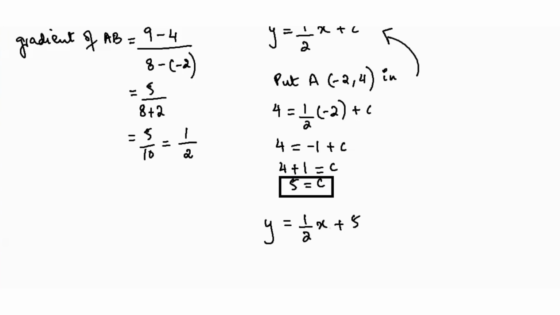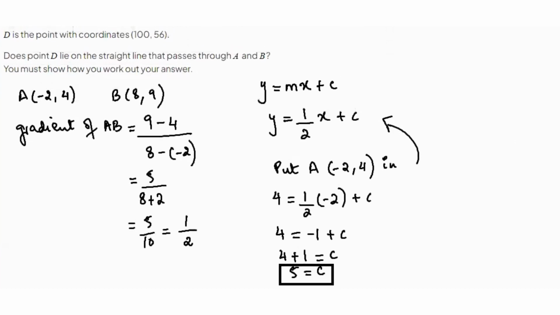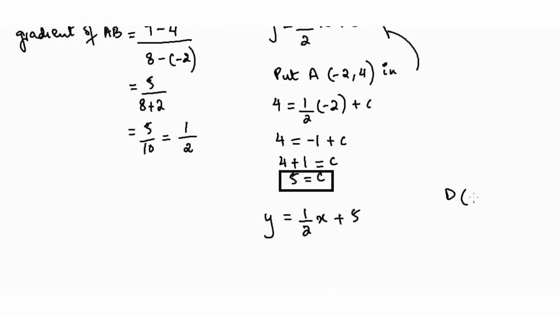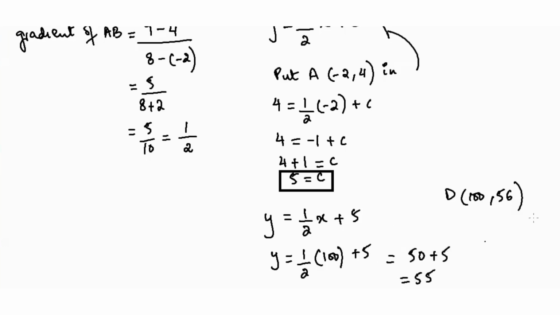Now we have to prove whether D lies on this or not. So D is (1, 56). Let's substitute the x value. So y equals 1 over 2 times 100 plus 5, which basically equals 50 plus 5, and that is 55.